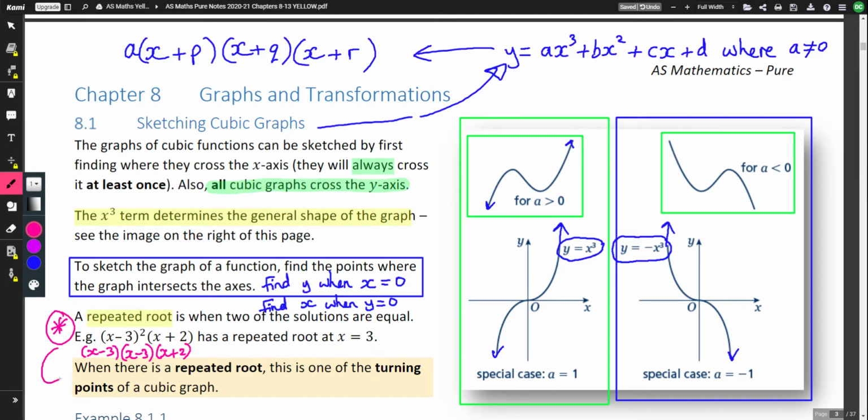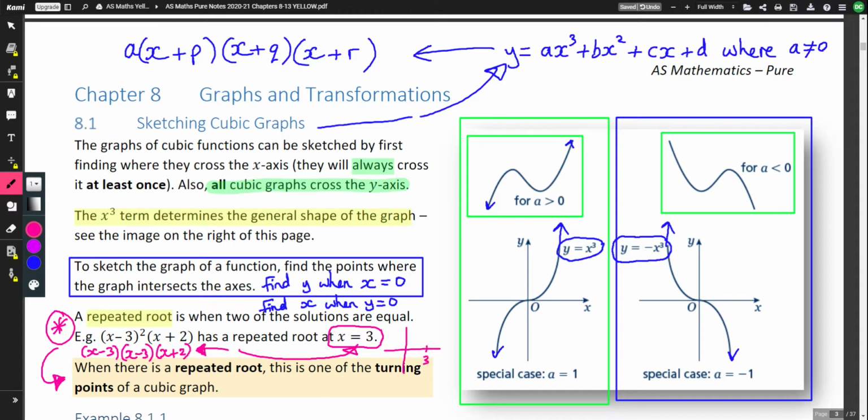Well, that takes us into the important point to finish off this introduction. When we have a repeated root, this is one of the turning points of a cubic graph. So going back to the example above, x minus 3 times x minus 3 times x plus 2, I know there'll be a turning point on the graph at the point on the x-axis where x equals 3.